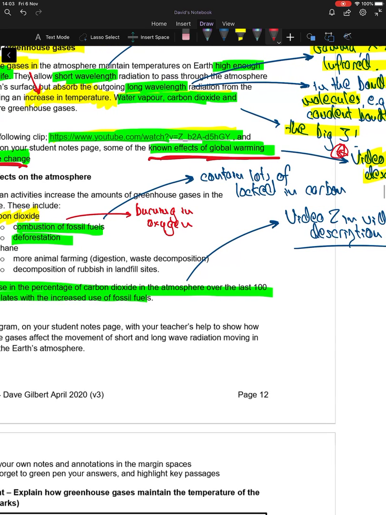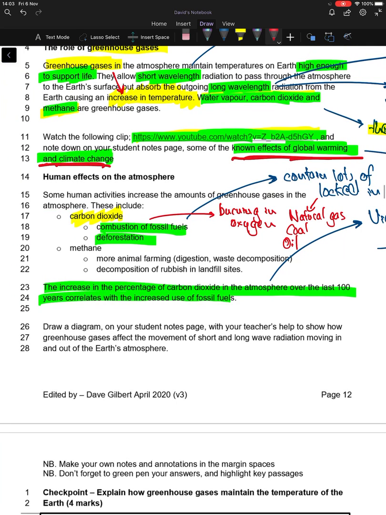Fossil fuels contain lots of locked-in carbon. And here we're talking about natural gas, coal and oil. You burn these, you release the carbon, and it bonds with oxygen in the air, forming carbon dioxide, which you should know is CO2.